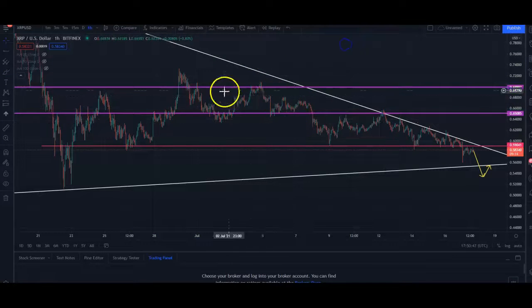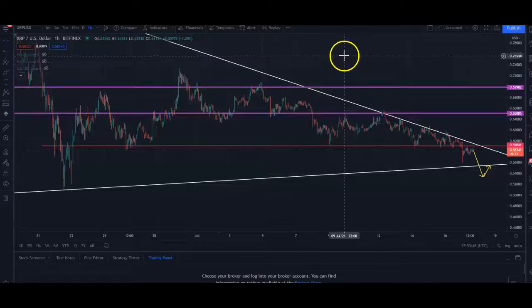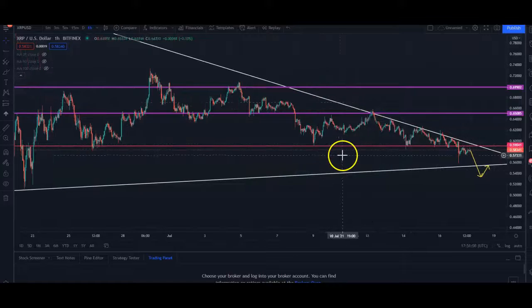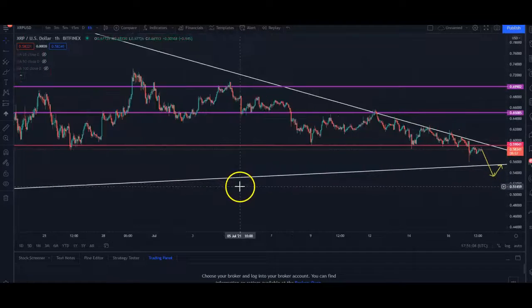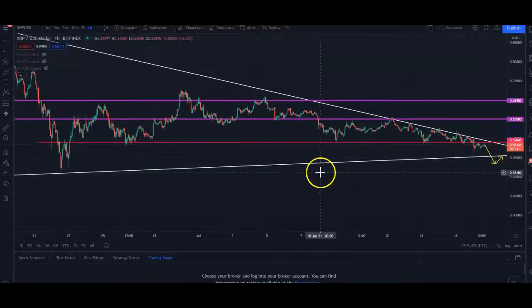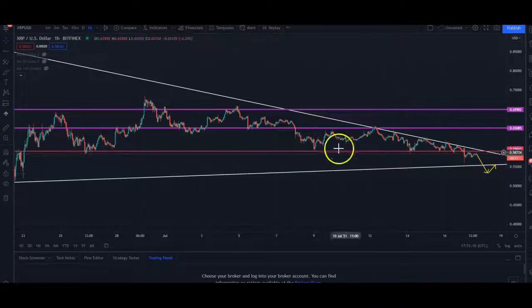And then price just said, nope, there's not enough buying pressure to take me up. I got to come down and get some liquidity, get some orders so I can try to come back up and get that momentum. Came down here, bounced from support, and as you can see, guys, we're just in this unique consolidation zone, and we're really not making that big a movement on the hour time frame.